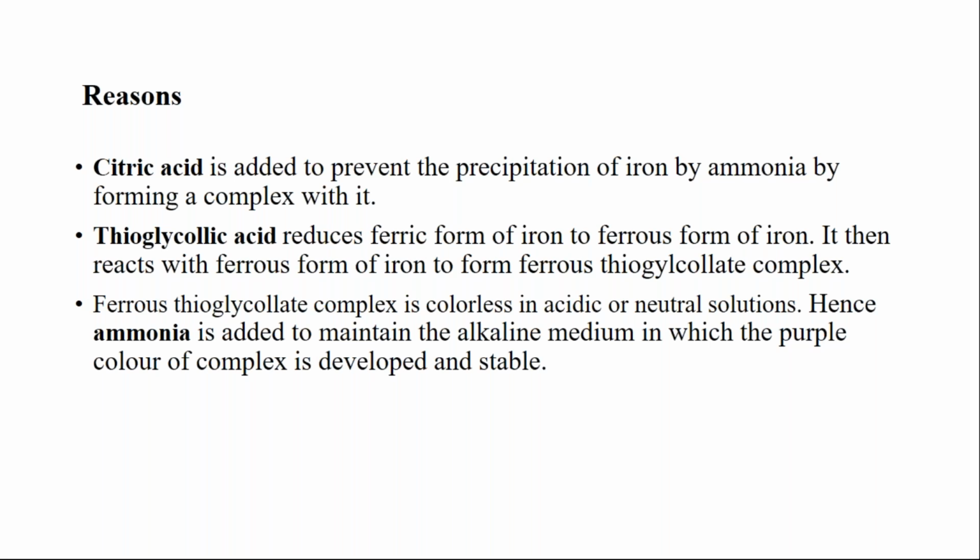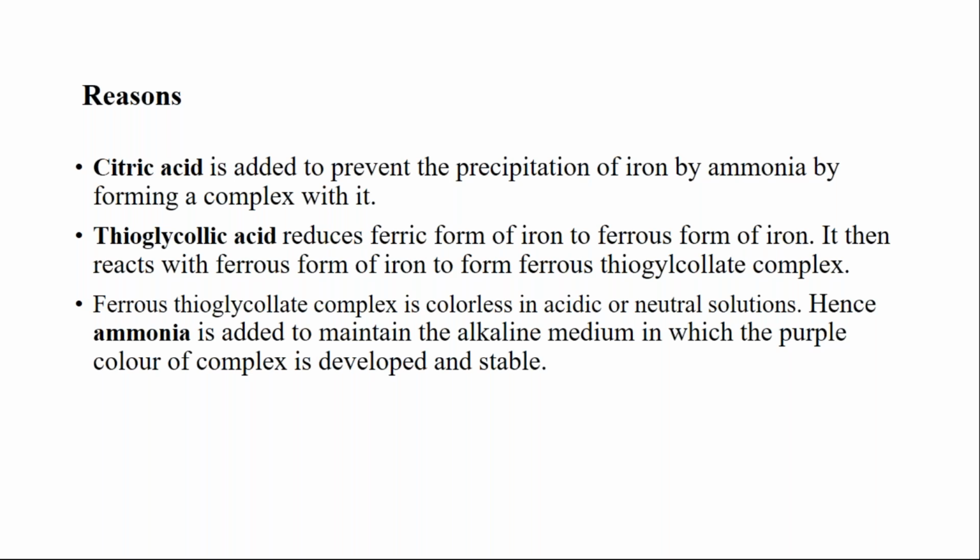So next, why are we adding thioglycolic acid? This thioglycolic acid reduces the ferric form of iron to ferrous form, and then this ferrous form forms a complex with your thioglycolic acid to give you your ferrous thioglycolate complex. Next, we have added ammonia.